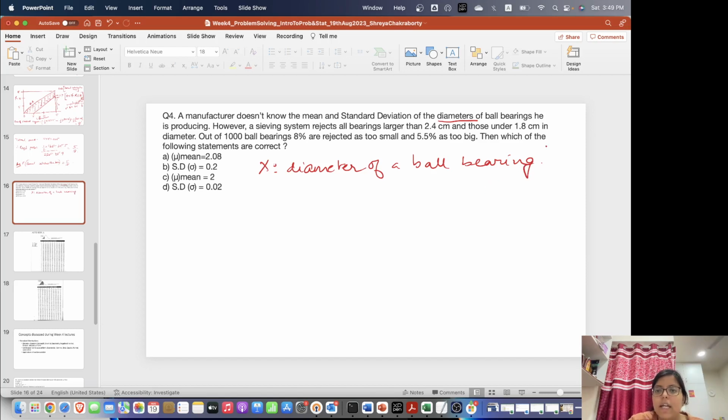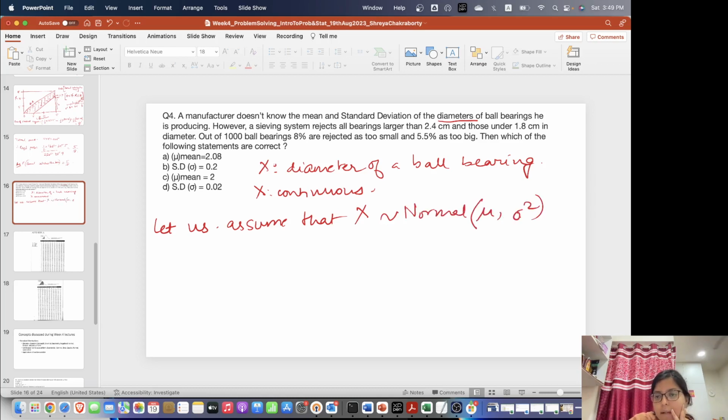Now, x is continuous, because it can take values like 2.4, 1.8, 2.5. So it can take any distribution. The safest thing to assume is that x follows some normal distribution with some mu and some sigma square.